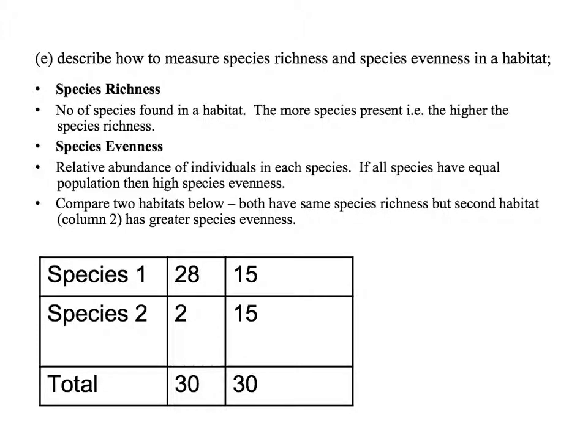Welcome to the next screencast, which concerns measuring biodiversity, particularly species biodiversity we're interested in here. So the last slide looked at what biodiversity meant and the three levels that we can use to explain biodiversity: genetic, habitat and species.